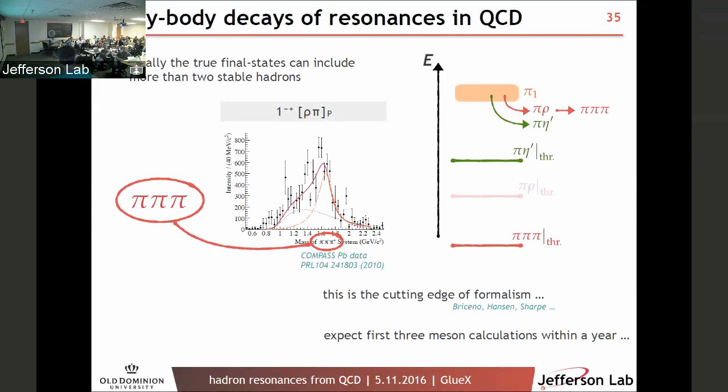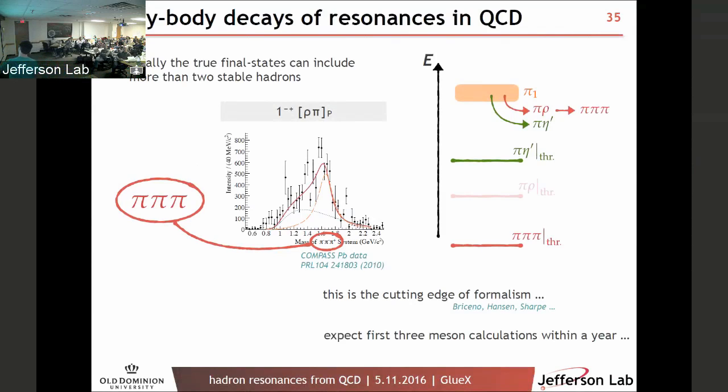You go back to our example case, the pi 1 minus plus, and you remember that initially I tried to sell you this bill of goods that it decayed into rho pi, right? And it does decay into rho pi, but the rho doesn't hang around for very long. It decays into 2 pions.